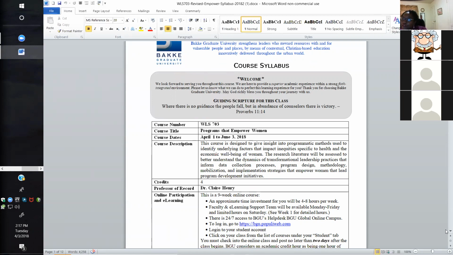The research literature will be assessed to better understand the dynamics of transformational leadership practices that inform data collection processes, program design, methodology, mobilization, and implementation strategies that empower women that lead program development initiatives.